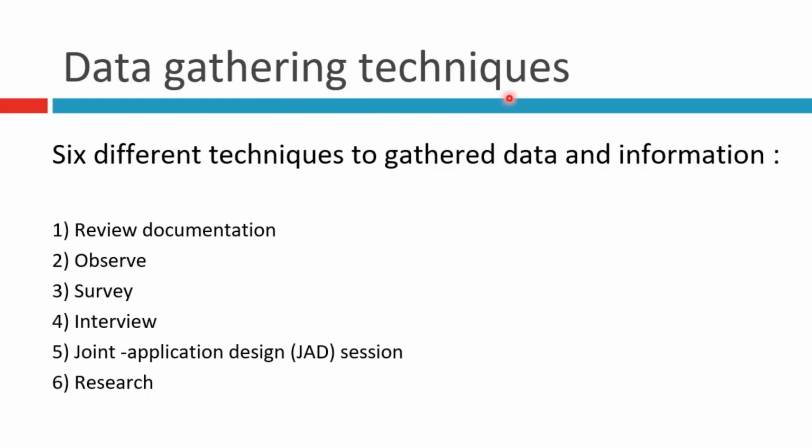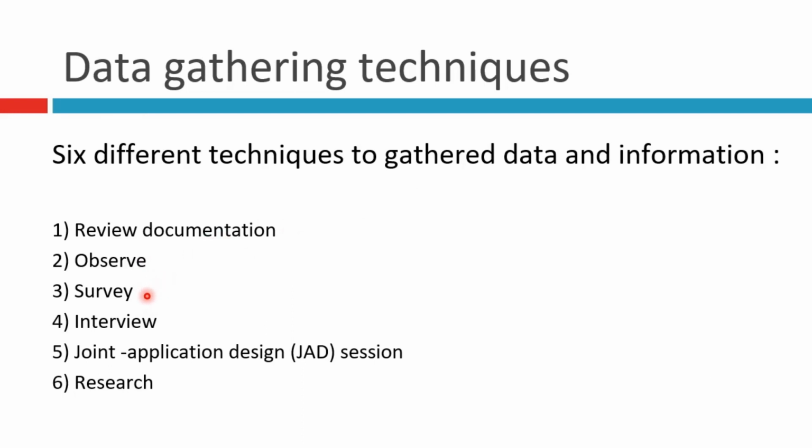How you gather the data. What are data gathering techniques? What are the techniques to gather data during the analysis and planning phases of SDLC? There are 6 different techniques to gather data and information. Number 1, review documentation.